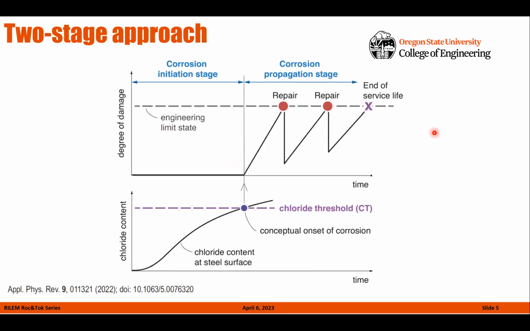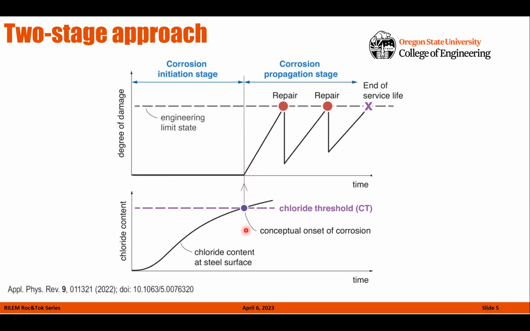With respect to this 2-stage approach, the idea is that in the initiation stage, aggressive species like chlorides or carbonation penetrate through the concrete cover towards the reinforcement, and they start accumulating around the reinforcement. However, corrosion does not initiate because the amount of chloride, for example, at the rebar level has not reached the level to initiate corrosion yet.